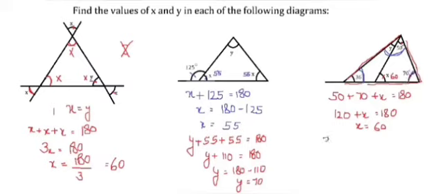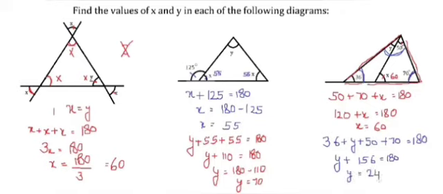Now here I will add all of them. So 50 plus 70 is 120, 120 plus 36 is 156, so y plus 156 equals 180. Now 156 is subtracted on the other side, and I will get 24. So 24 is the answer.